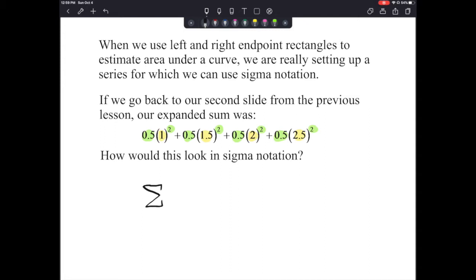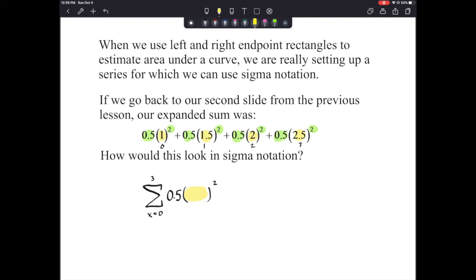And if we just think about that sequence going 1, 1.5, 2, 2.5, you could treat this like it's the 0th term, the first term, the second term, the third term. So we'll say we're going from our 0th term to our third term of the argument defined by 0.5 times something squared. And now all we need to do is come up with a function rule that goes in here that fits that arithmetic sequence.